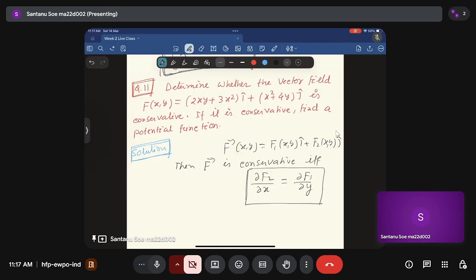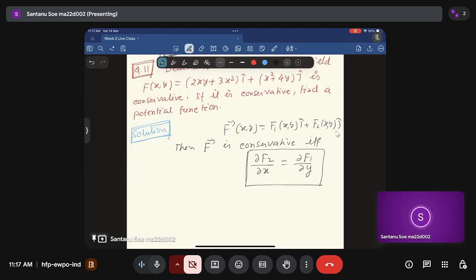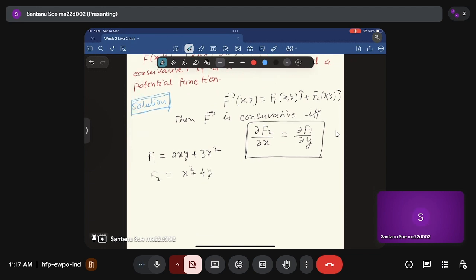Okay, so here f1 is 2xy plus 3x squared, and f2 is x squared plus 4y. So now del f1 del y is just 2x, and del f2 del x is also 2x.